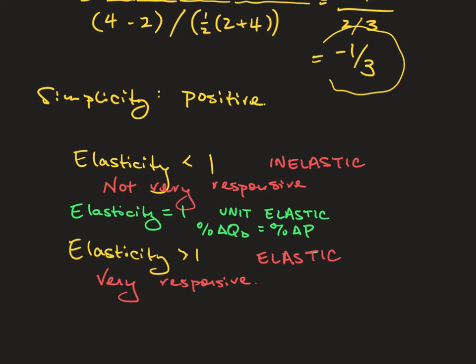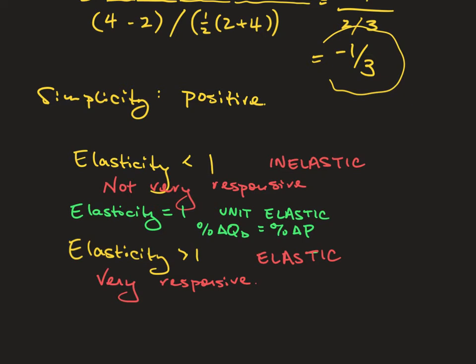Okay, so let me go through a couple of examples. As I do these three different examples, I'm also going to point out that the shape of the demand curve tells us something about the elasticity.